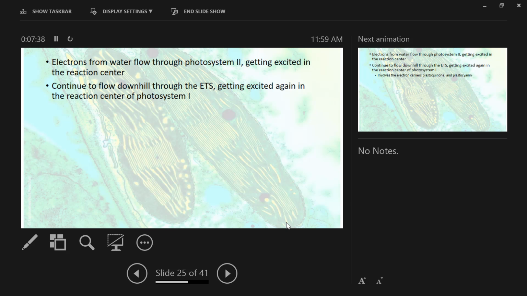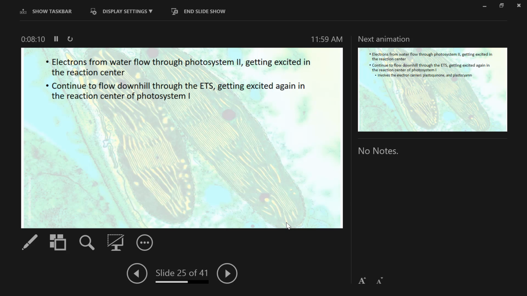And then once they get here, the electrons are going to do what electrons do best, and that's find a lower energy orbital to be in. And as they do, they bounce from one electron acceptor to another through an electron transport system very similar to the one that we saw in cellular respiration, where the electrons move from one piece to another, and as they do, they drop in energy, and you can use that energy to fuel other processes.